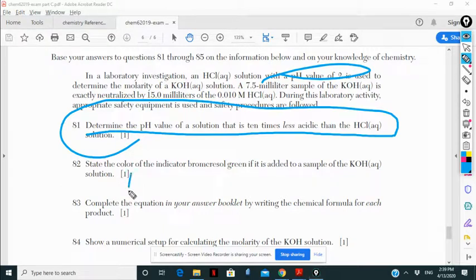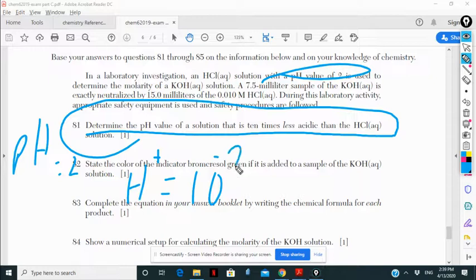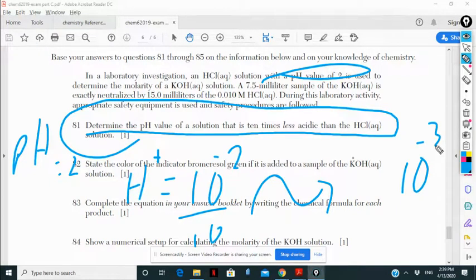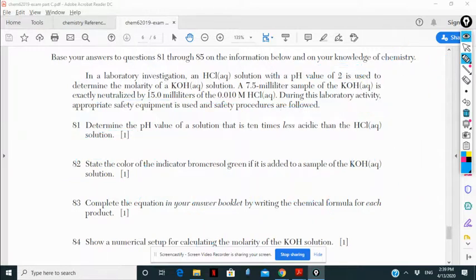So here is the hydrogen concentration. If the pH is 2, so the hydrogen concentration is 10 to the power negative 2. And to be less, I divide by 10, it's 10 to the power negative 3. So this is a new concentration. And in that case, the pH is going to be 3. So the answer is 3.